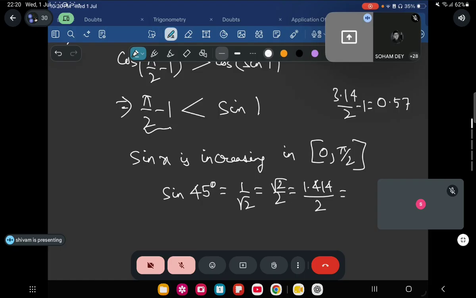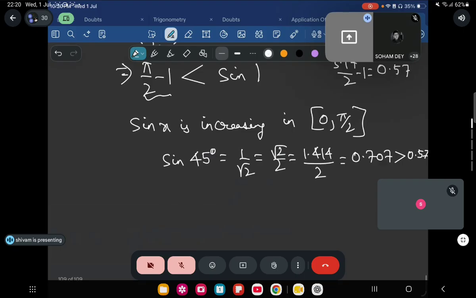This will be equal to 0.707, right? And 0.707 is definitely greater than 0.57. So sine 1 will also be greater than sine 45 degree, which is of course greater than 0.57. Hence proved.